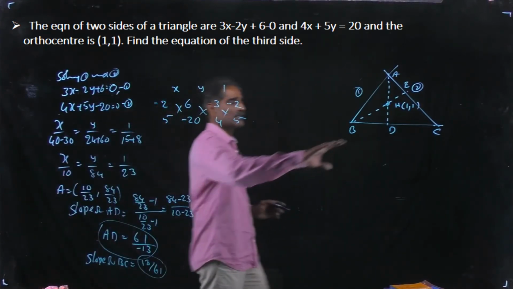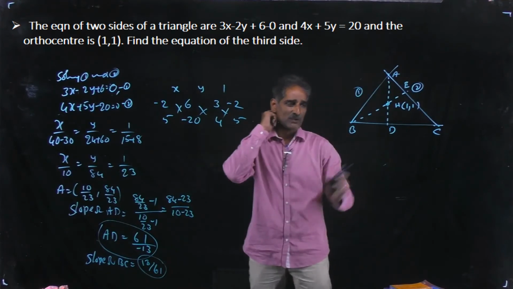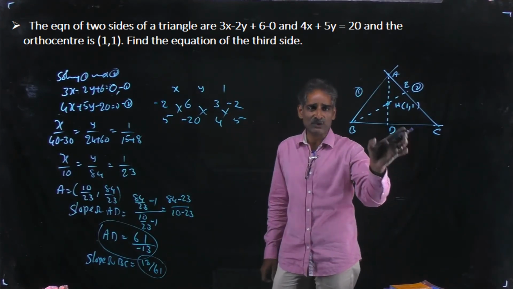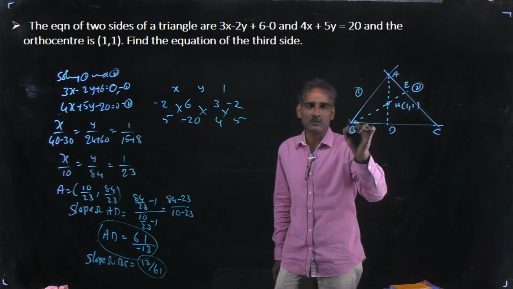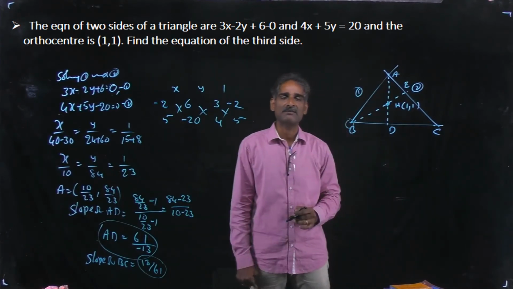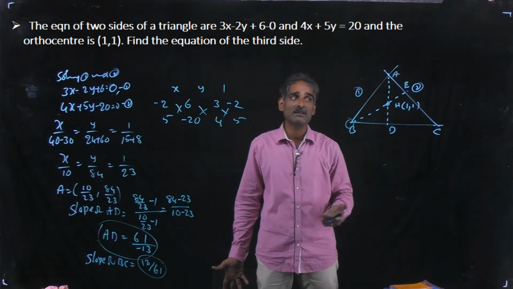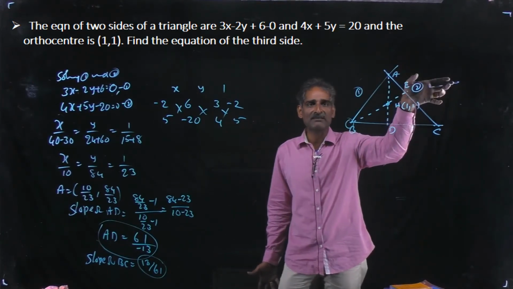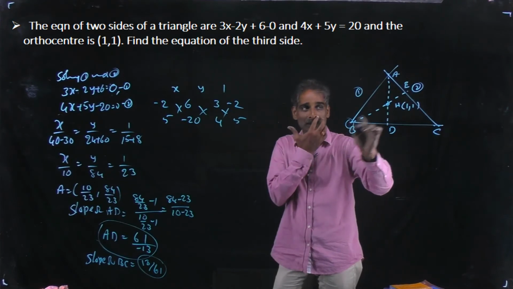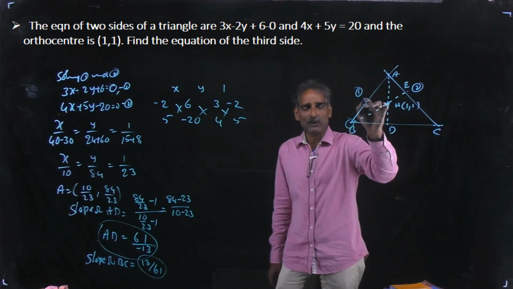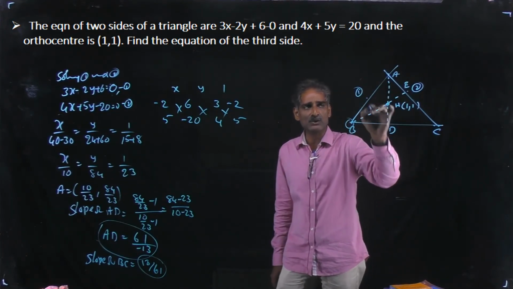So we know the slope of BC. We have to find the equation of this line. We know the slope; if there is any point on this line, we can write the equation. How can we find this point? The point B means the intersection of these two lines.